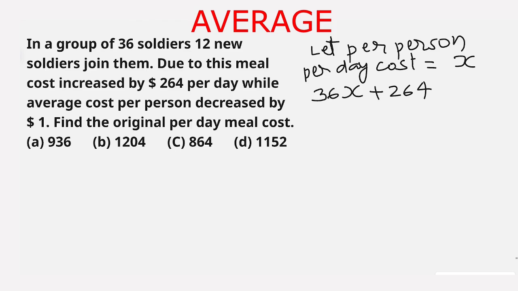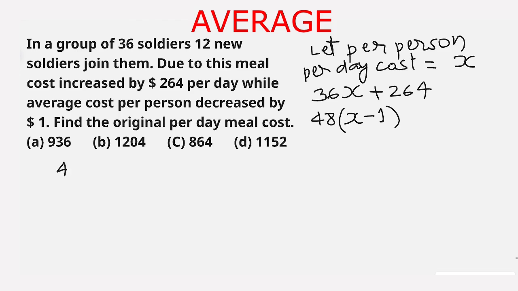And due to this, per person meal cost decreases by $1, and the number of soldiers becomes 36 plus 12, which is 48. So the total cost comes out to be 48 soldiers multiplied by their per day meal cost, which is x minus 1. Now these two quantities are equal. So we equate them.